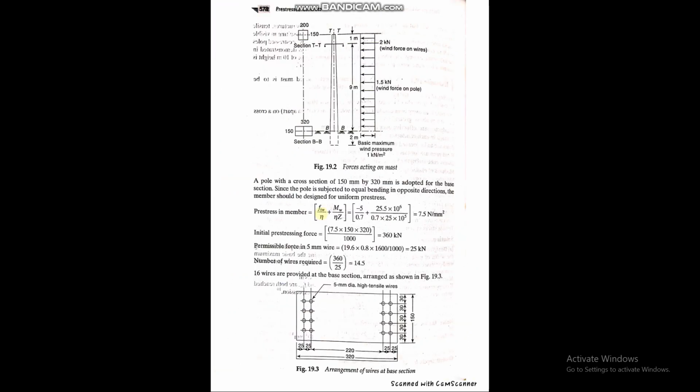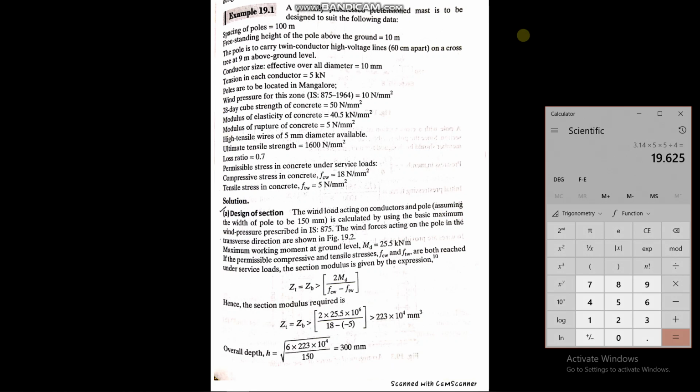So the first thing that we are going to do in this case to try to design the section, we are going to consider the most common case, that is the wind load on the exposed face and on the transmission wires. Okay. Now, coming to the design, first we have to understand how much force due to the wind load is coming onto the structure.